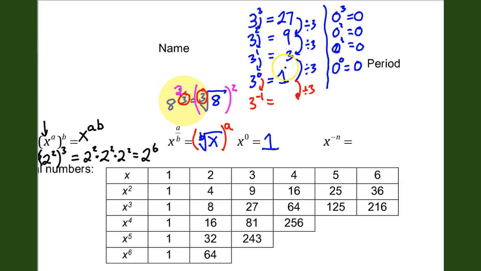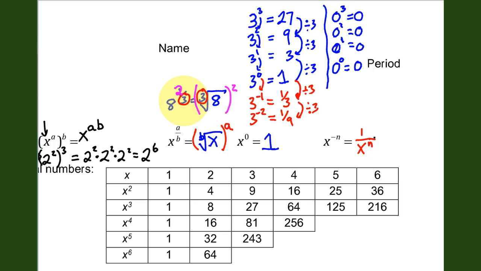So 3 divided by 3 is 1. 1 divided by 3 is 1 over 3, 1/3, right? And then continue that pattern. Negative 2, therefore, divide that by 3, and you get 1 over 9. So you can see here that a negative exponent is a positive fraction.